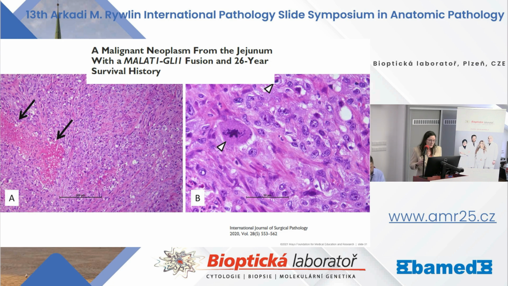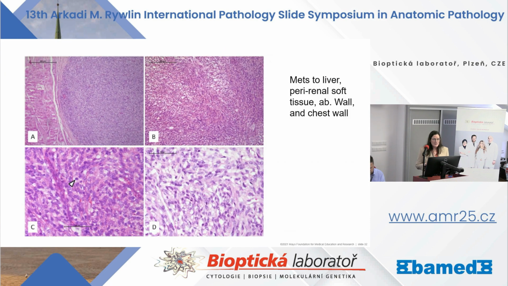I think this is probably in the spectrum of the same entity, but maybe a more malignant form of it. Interestingly, the metastases, which were at multiple sites, had more well-differentiated morphology. Again, not sure what to make of that, but it's interesting.